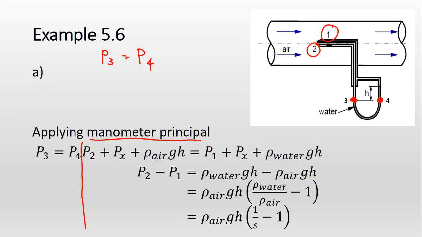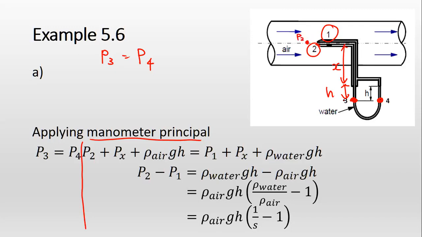So how do we get P3? P3 is everything above it. What is above P3 is this portion, which is H, this portion, which we call X, and also your P2, which is here.